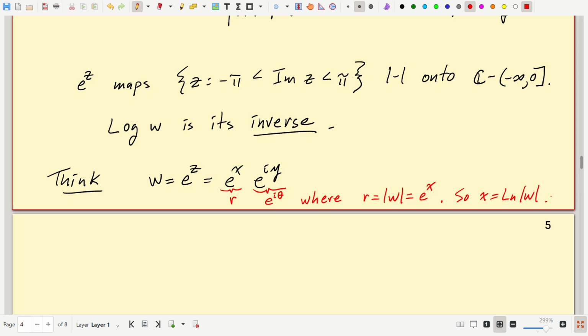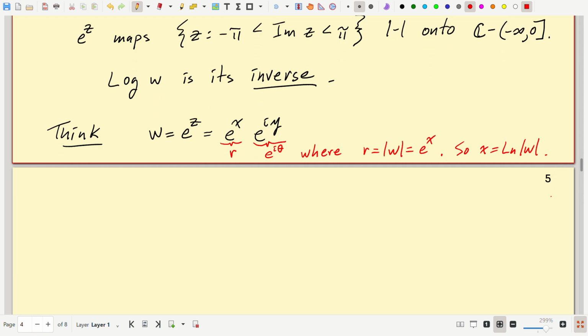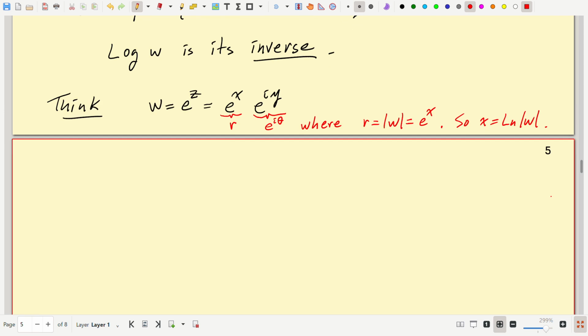No choice. The real part of a complex log is determined. But it's the argument that's going to lead to something we've got to think about. So, important thing, x has to be the natural log of the modulus of w.